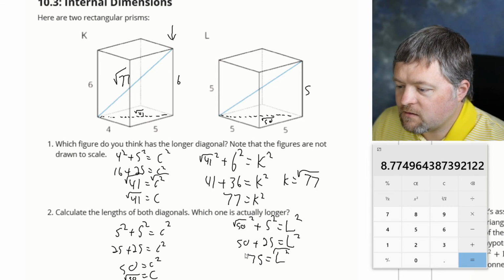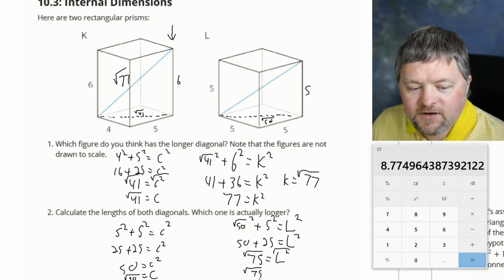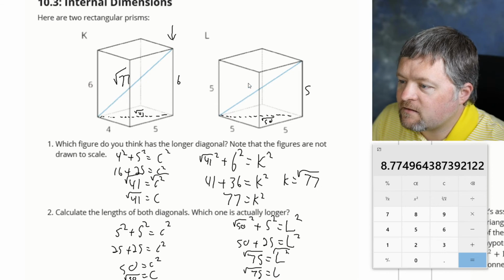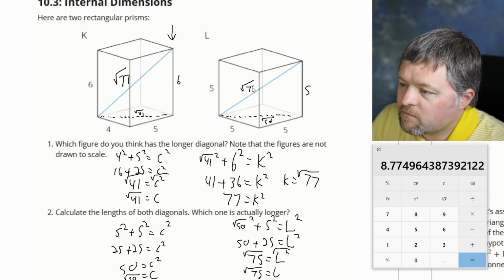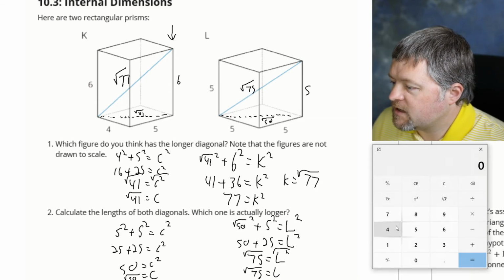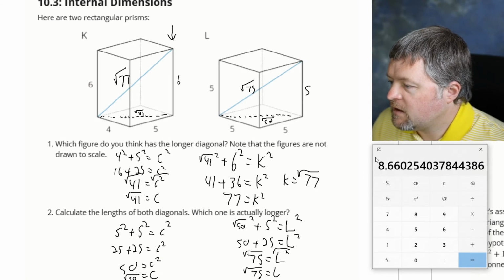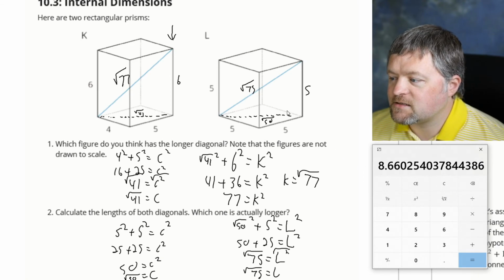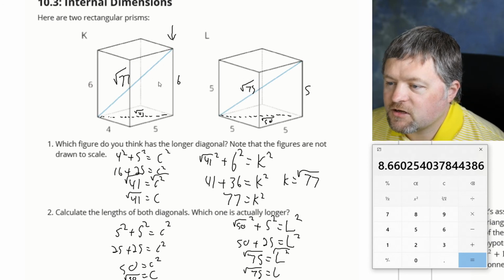To find out L, square root each side. So the square root of 75 is equal to L, which is about 8.6.